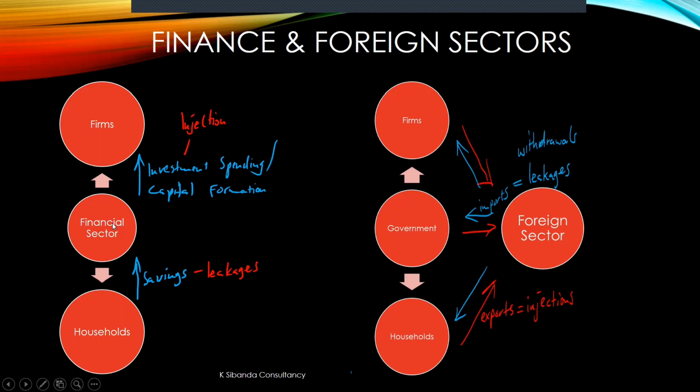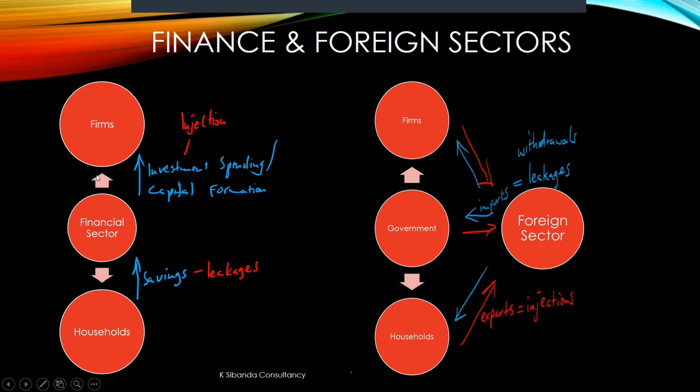Now, the financial sector also supplies money or funds in terms of investment funds, investment spending. Firms, when they want to invest, when they want to start a business, or even just inject some more capital into the business, approach the financial sector, banks and all sorts, to get money, to get investment.